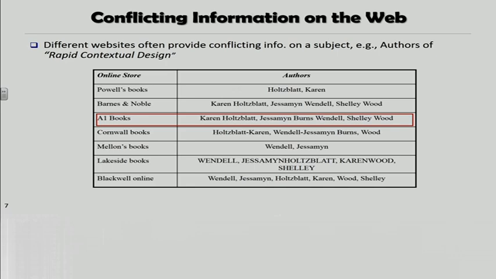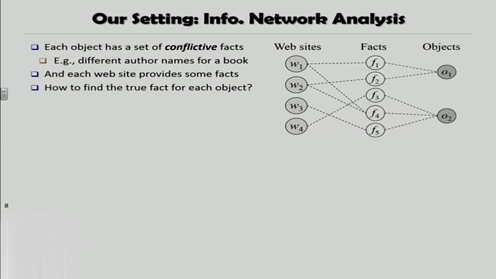Okay. Then he worked out a graph. And that you can say is a heterogeneous network, but it's used in a different way. Okay. The graph is looking like this. Okay. You have websites, or you can say information providers, like Barnes Noble, Amazon, all these things. You get facts, and you get objects. Okay. The facts actually are claimed facts.